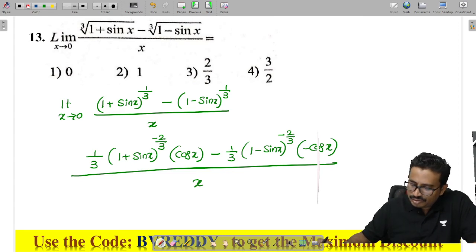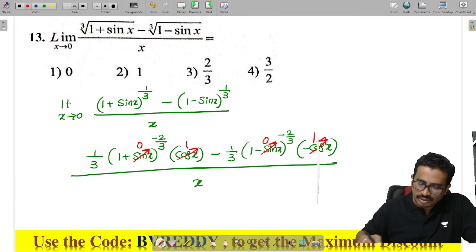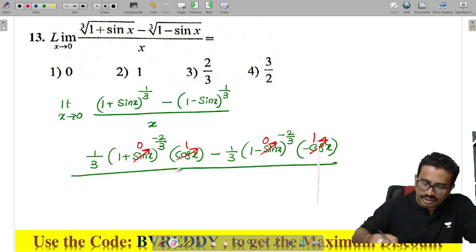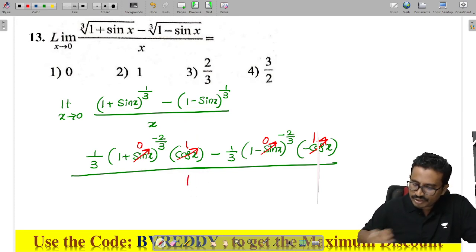When x is equal to 0, see what happened now. Sin 0 is equal to 0, cos 0 is 1, and the denominator derivative is 1.